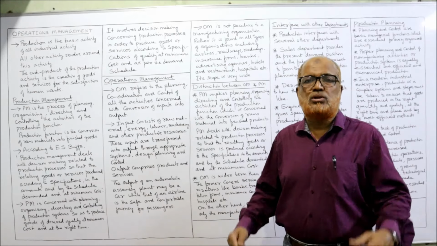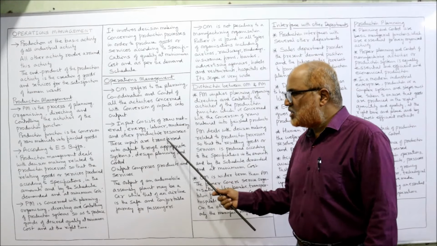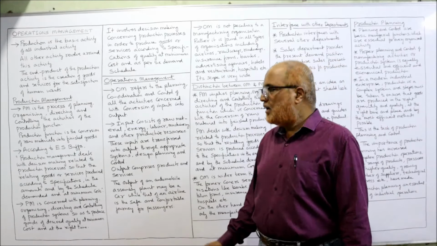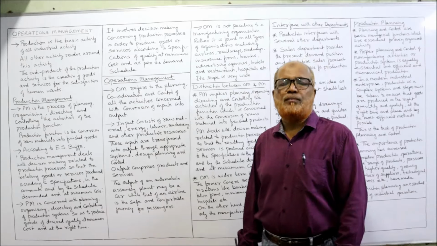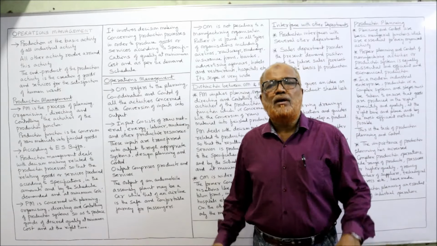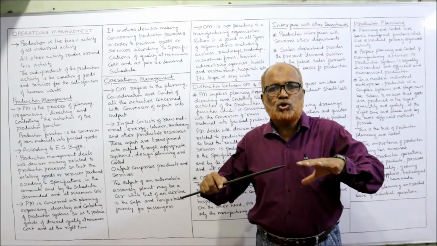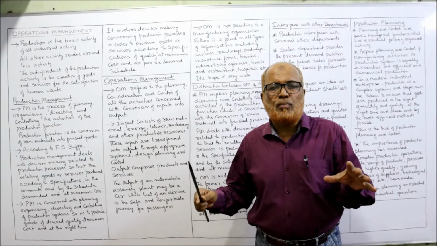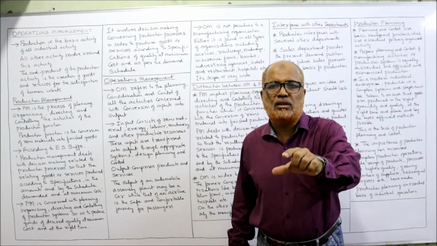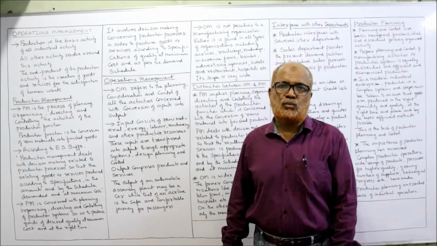These are the inputs. These inputs are transformed into output through appropriate system, design, planning and control. Simply having the input will not convert it into output. There should be a system, a design, and proper planning and control regarding how to convert this input into output.